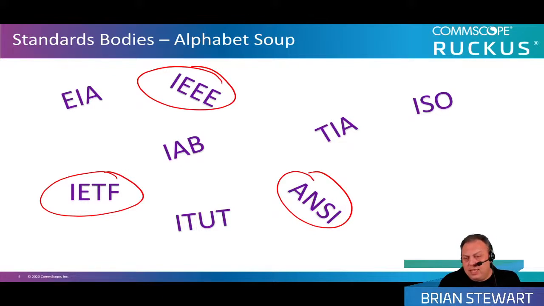Layer 1 and layer 2: layer 1 is your physical layer, so that is the types of cable being used and the actual voltages that go on the wire itself. Layer 2 is switched communication. Last week we talked about switches and hubs and routers. Switches occur at layer 2, so most of that communication is controlled by the IEEE.